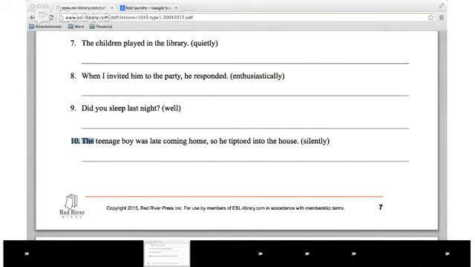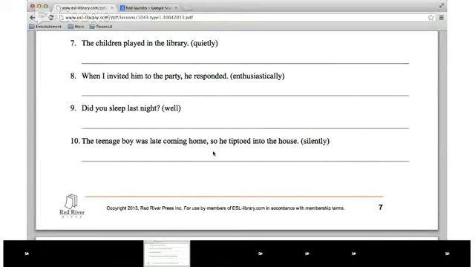This is for Bobby. The teenage boy was late coming home, so he tiptoed silently into the house. All right, he tiptoed silently into the house. So he tiptoed into the house silently. We can also add that at the very end, and you can also put it at the very beginning here.